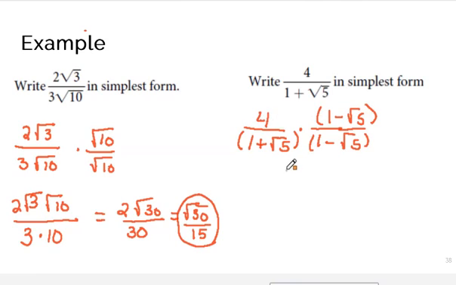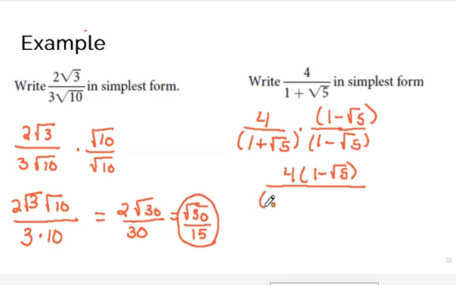So we'll have on the numerator 4 times 1 minus the square root of 5. We still have to simplify that. On the denominator, we're multiplying two binomials essentially. So remember, whenever we do that, we take the first value, we multiply it by everything in the second parentheses, and then we take the second value and we multiply it by everything in the second parentheses.